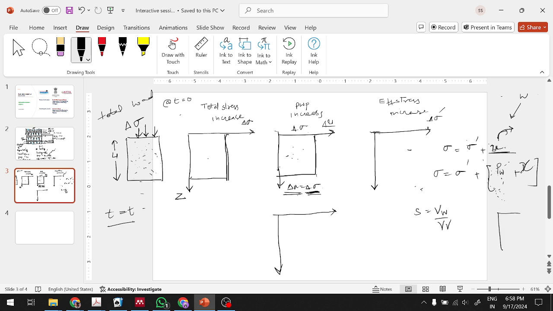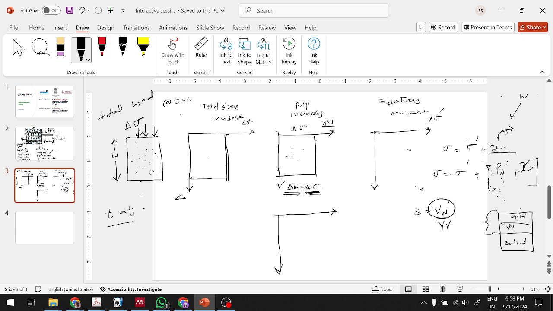In a three-phase space, you have a solid here, you have water, and you have air. So saturation tells us how much of the void is filled with water.